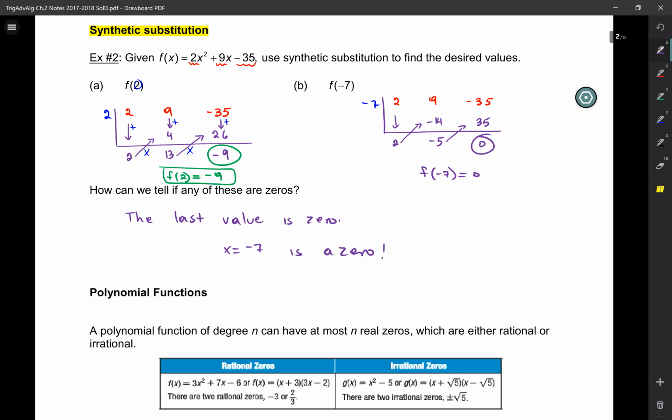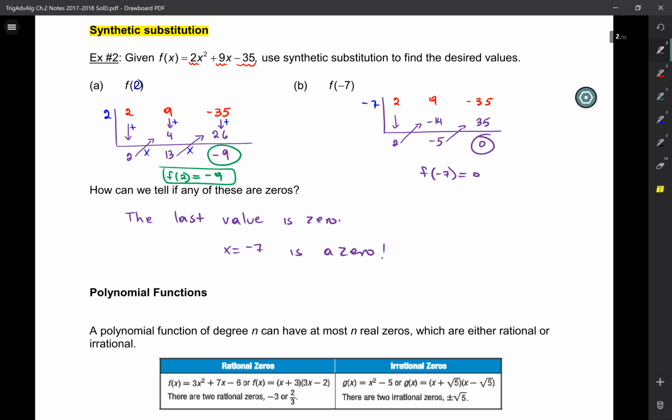On your quiz or test, by the way, the schedule is all on Haiku. It's been there since last month, so you can go and check. I'm going to ask you for both. I'm going to ask you explicitly, like find blah, blah, blah, using direct substitution, and find blah, blah, blah, using synthetic substitution.